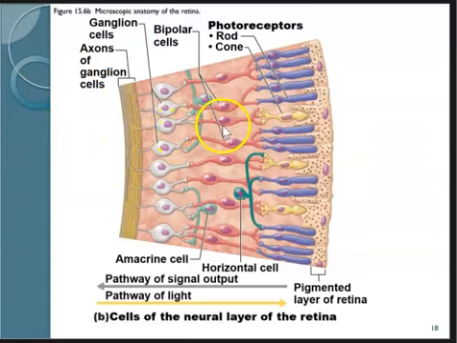It will travel through this way, and then it will be sensed by the outer segment of our photoreceptors. Information will go from photoreceptors to bipolar cells to ganglion cells, and then from the ganglion cells it will go out as the optic nerve.